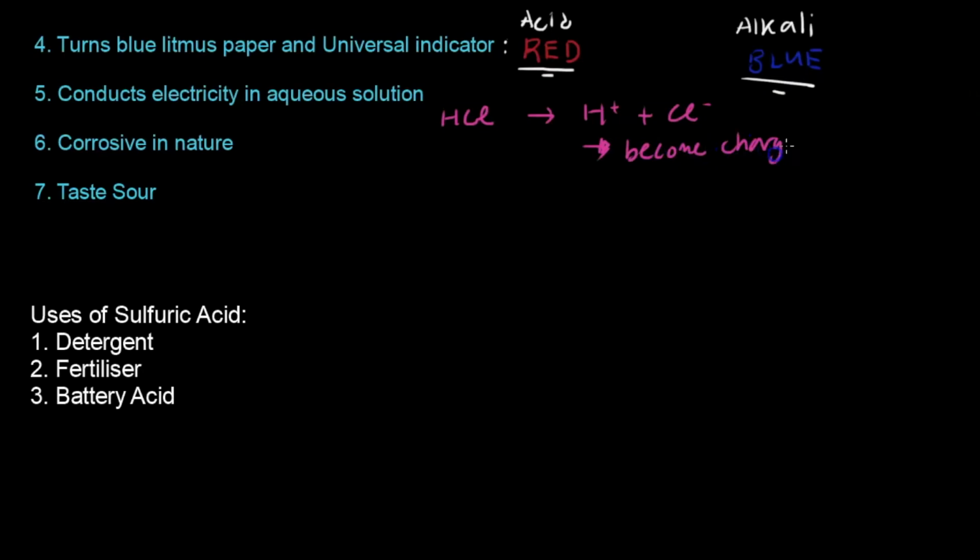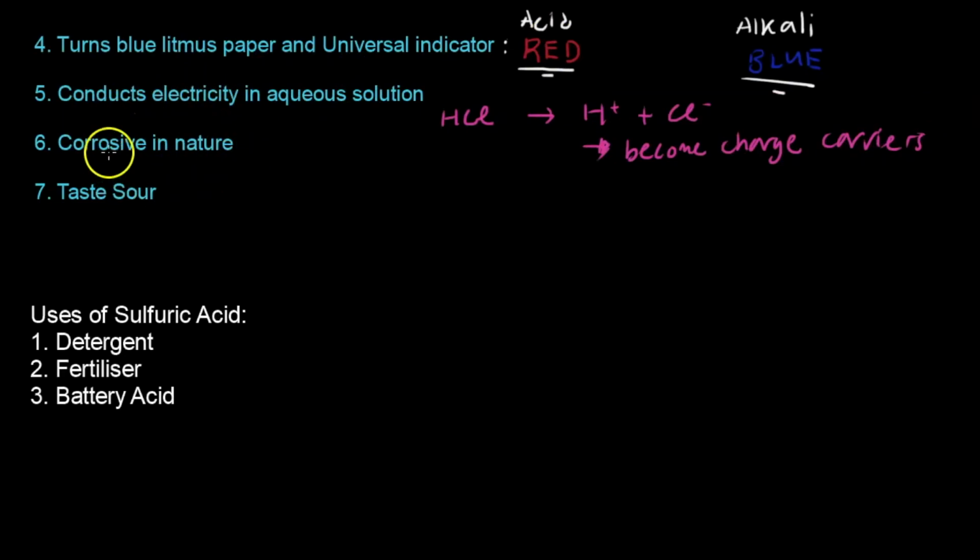What do I mean by charge carriers? It means that they can hold on to the electric charge themselves and bring it from point A to point B. That's what it means to be a charge carrier, and hence it is able to conduct electricity.